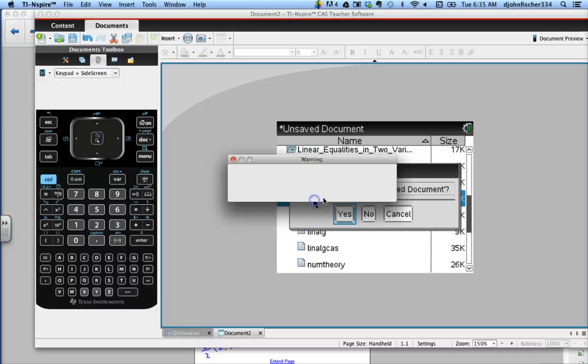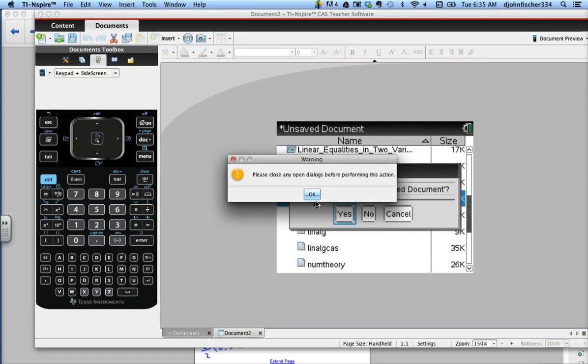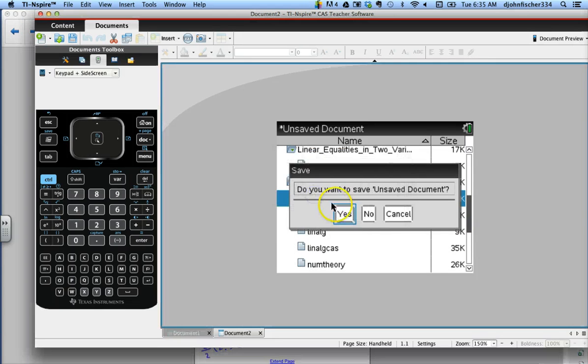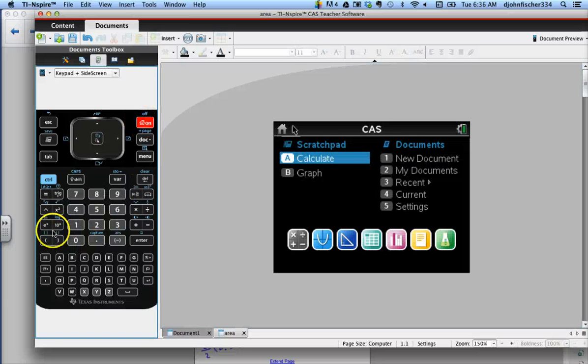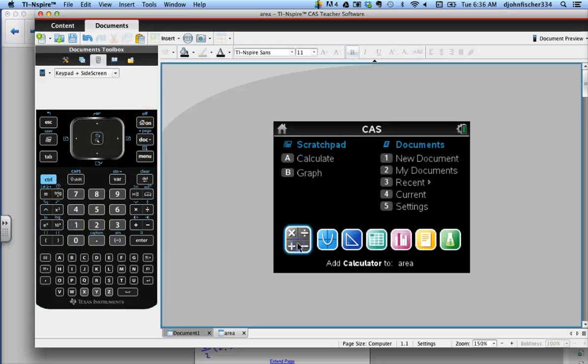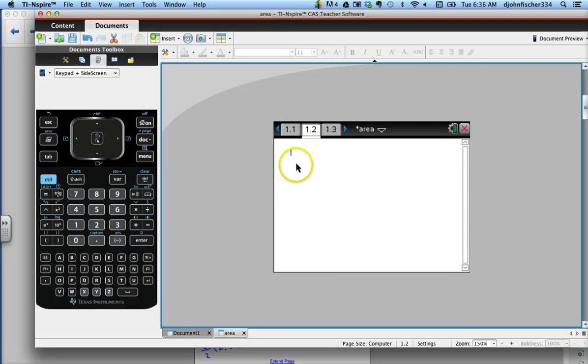Area. Okay, so here's my program. Now I'm just going to start a new window. Once I open the program, it works okay. So I'm just going to go here and then go to calculator page. Now my program's open, and that's okay.